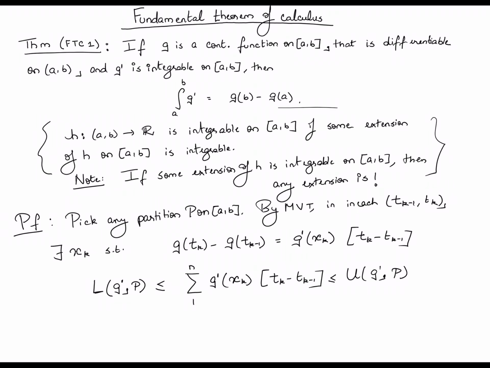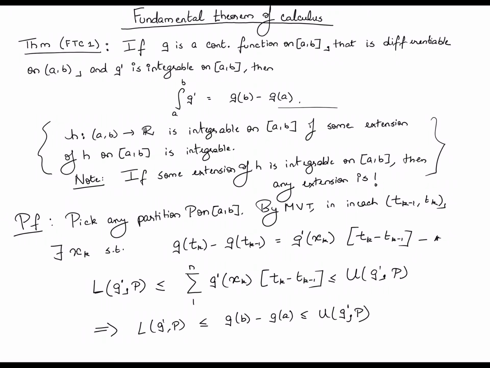Okay, but from the previous equation that we have written here, note that the summation of g prime(x_k) times (t_k minus t_{k-1}) is in fact simply g(b) minus g(a). So that means that L(g', P) is less than or equal to g(b) minus g(a), which is less than or equal to U(g', P).